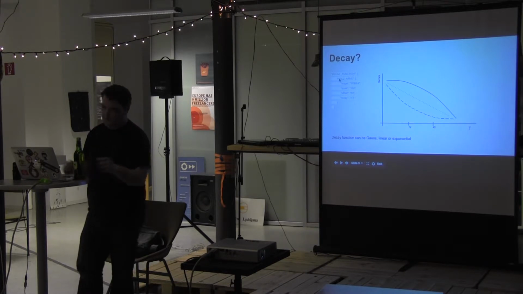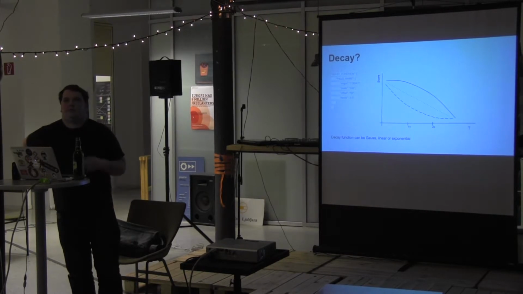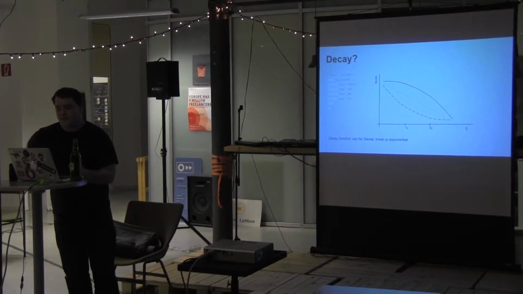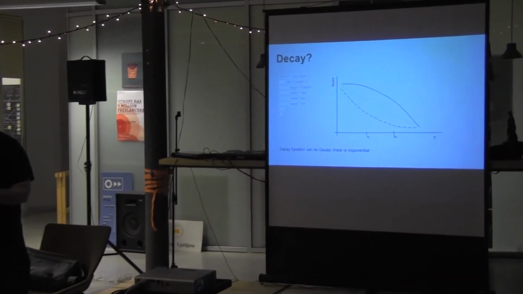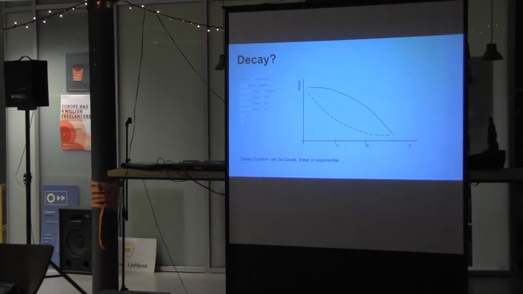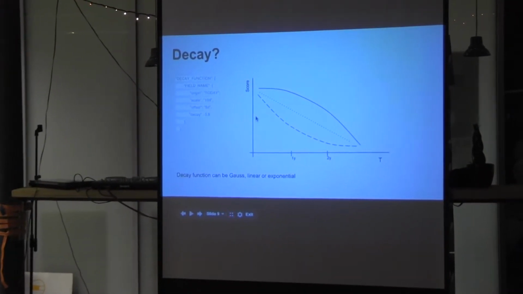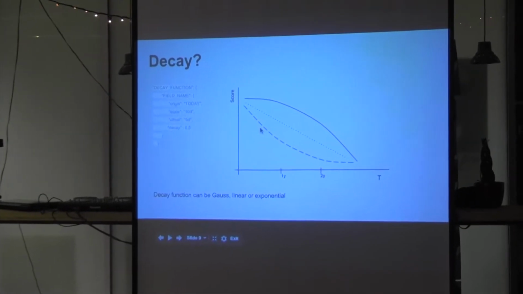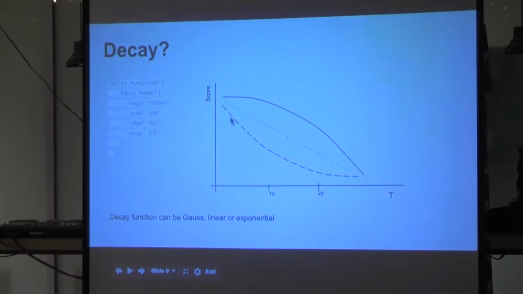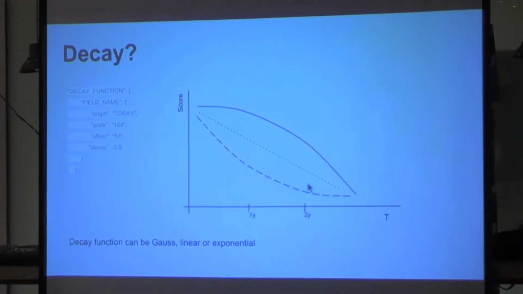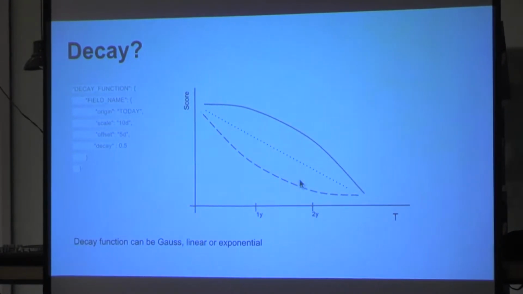Okay, decay function. As I said, one of the functions was decay function. That's in Elasticsearch. It's used for, let's say you have these articles that have a timestamp on them. Then you can say when the article is getting older, please put the score on it down, because if we have a 5 years old article, it's not that important to us.